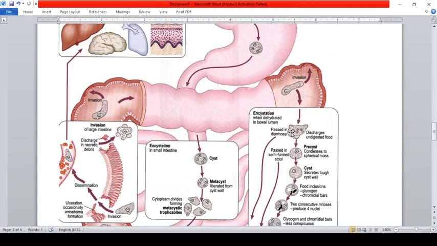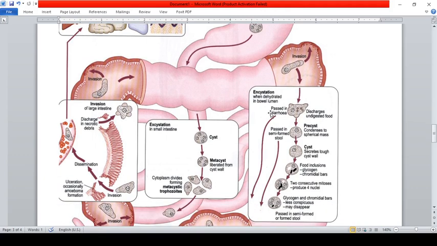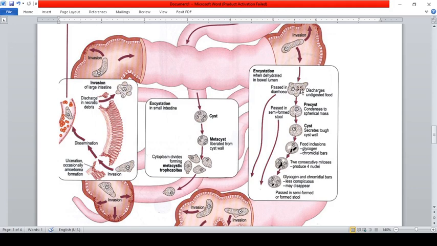So if the patient has diarrhea and a watery stool, the stage you can see in the stool is the trophozoite. In a semi-formed stool, you can see trophozoite and cyst stage. But in a formed stool, what will happen? The trophozoite will encyst.